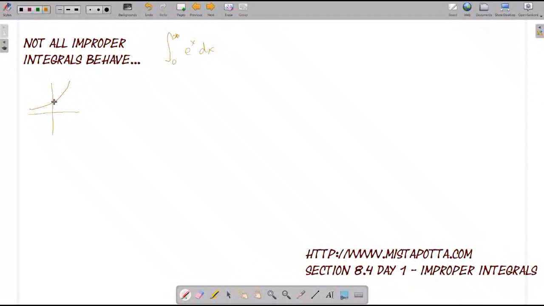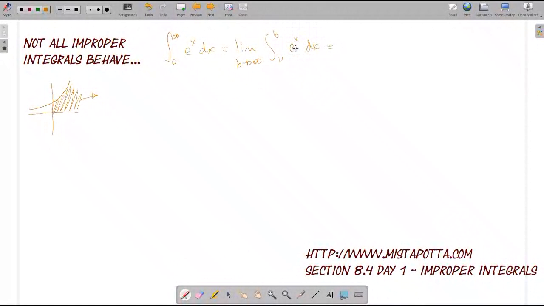And if I'm trying to find the area under this curve forever, I'm clearly going to get an unbounded area. I'm certainly going to be having an infinite area here. But I need to treat this as a limit problem. The limit as b approaches infinity of the integral from 0 to b of e to the x dx.